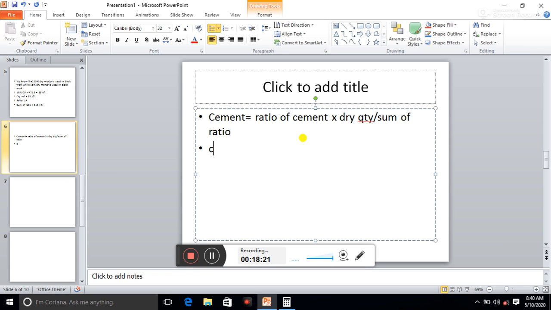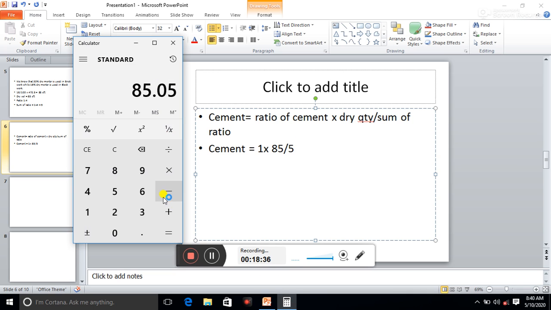So cement quantity will be equal to 1 multiplied by 85, the dry quantity, and the sum of ratio is 5. So 85 divided by 5 will give 17.